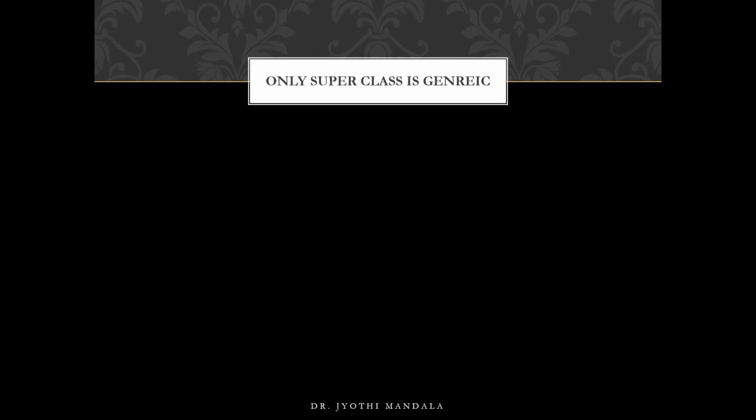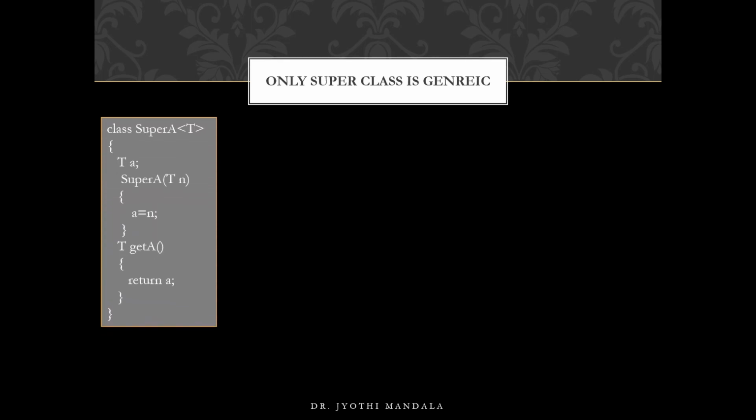In this case, as the name itself tells, we will have one superclass and one subclass. As an example, let me take this as our superclass. You can see here my superclass name is SuperA. Now we know how to convert a class to a generic class. We need a placeholder T which will take the object type, and wherever you have T, it will be replaced with whatever type of object you are creating.